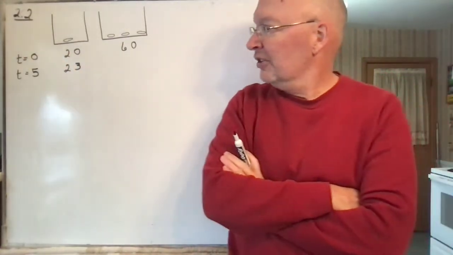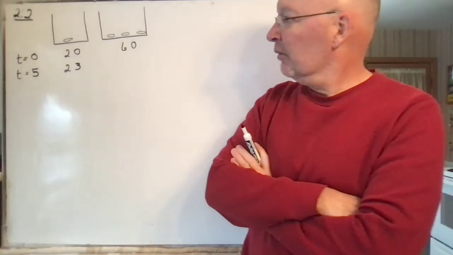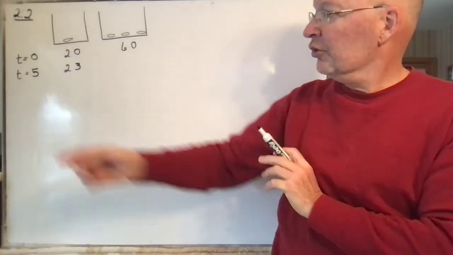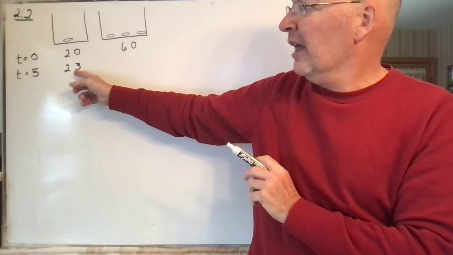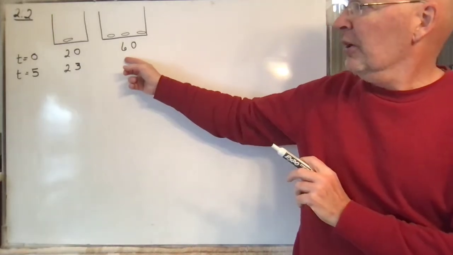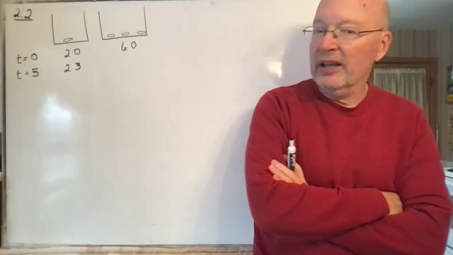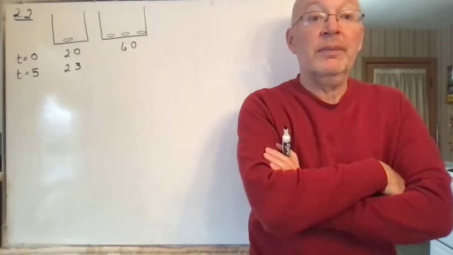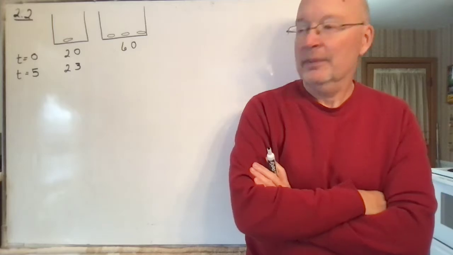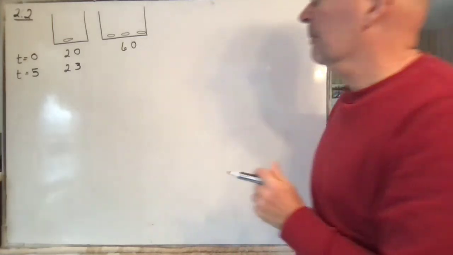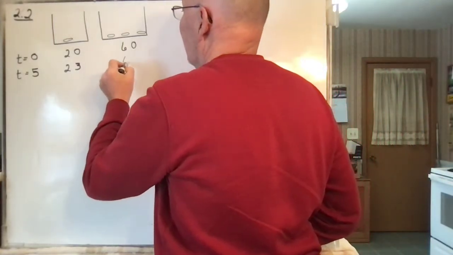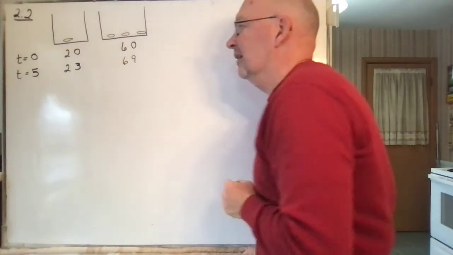And she comes back 5 hours later, and there's 23 grams of mold now in this one. How much would you postulate, would you guess, is in this one? What would you say? If you said 69, you're on the right track.